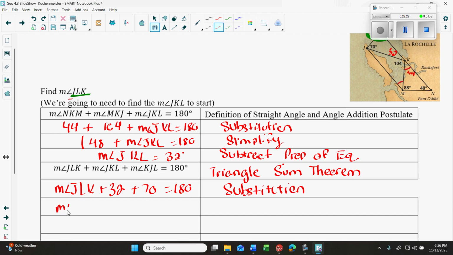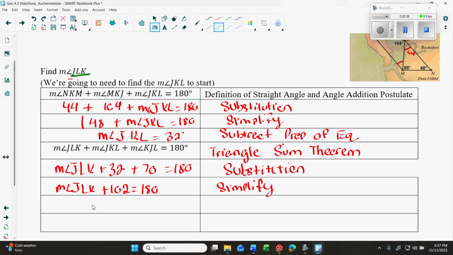So measure of JLK, 32 plus 70 is 102. Simplify. And we'll subtract 102 from both sides to get measure of JLK equals 72. I'm sorry, 78.